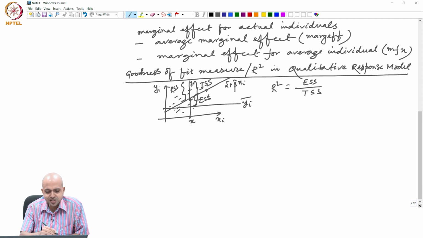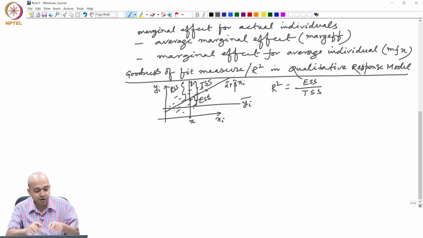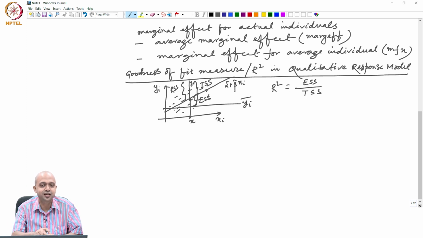So when you have a scatter plot like this, given xi, your yi can take any value, and you have a regression line which basically represents the scatter plot. And what is goodness of fit? How good my regression line is in representing this scatter plot, which is nothing but the raw data.